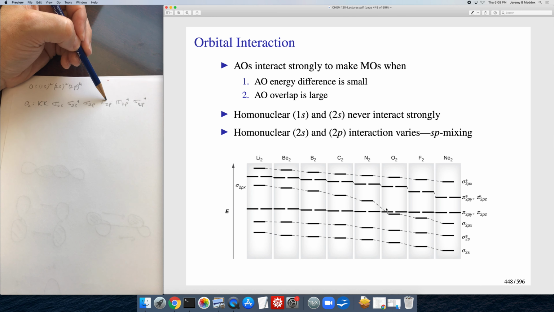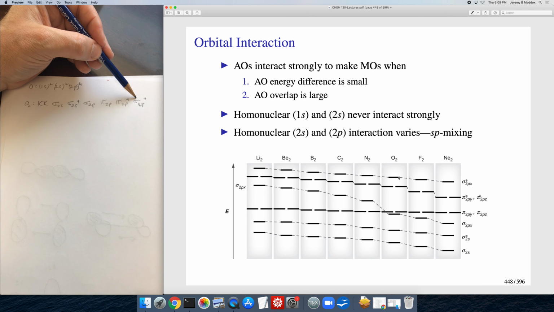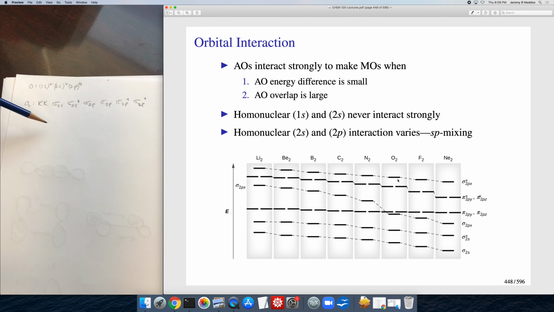So you can put 2 paired electrons here, or 2 paired electrons there in this other molecular orbital. Then you have their corresponding antibonding molecular orbitals, and the antibonding molecular orbital associated with the sigma 2p. What we want to do is fill these orbitals with electrons.